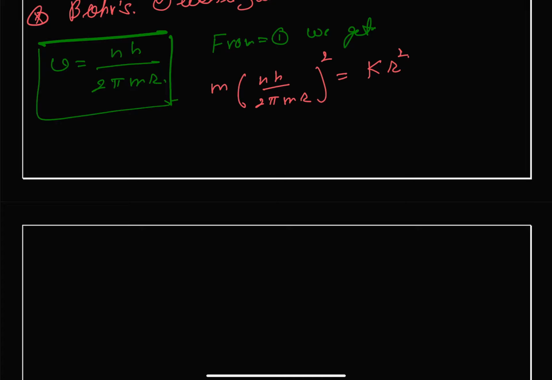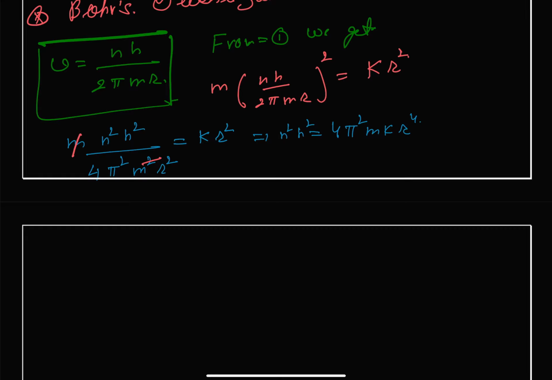Let me square it first. We get m n square h square divided by 4 pi square m square r square is equal to kr square. Here m goes by square, so we can write our n square h square will be equal to 4 pi square mk times r to the power 4.